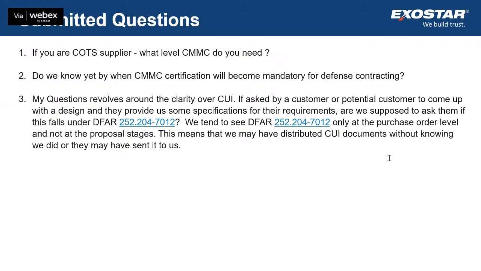Because again, that'll inform you on what CMMC level you need to be. But if as part of contract fulfillment you agree to those flow down clauses, and you then receive CUI information as part of that contract, it's expected that you would treat it as such and that you would be compliant with the CMMC level that you signed up for as part of that contract.